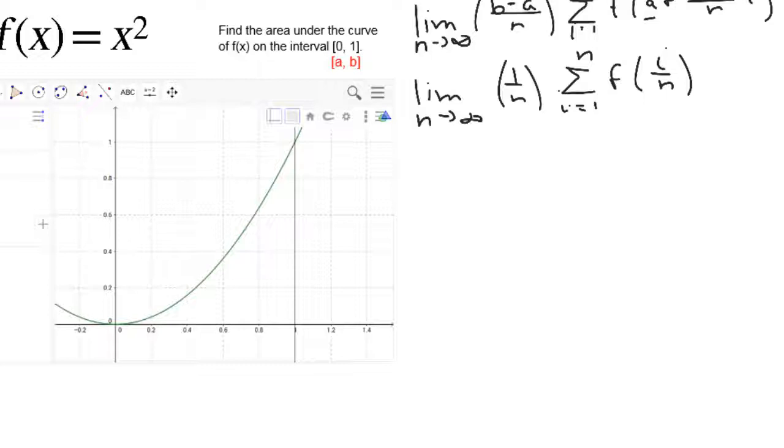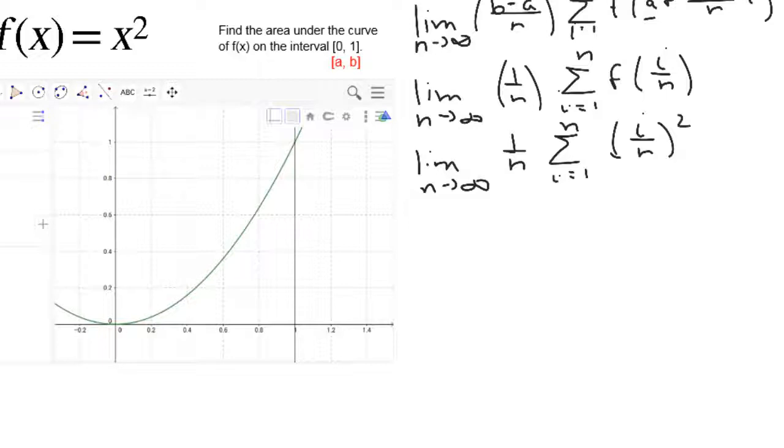Now we've got the limit as n approaches infinity of 1 over n times the sum from i equals 1 to n of, i over n squared, right? Because f of x is x squared. That means f of i over n is i over n squared.